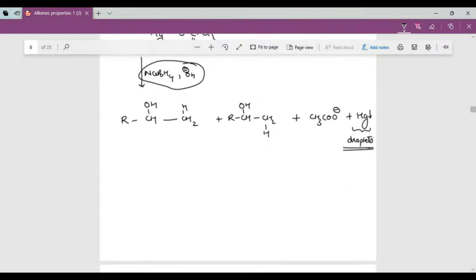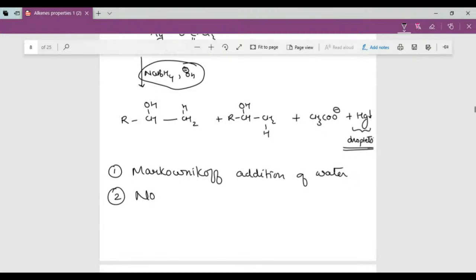Now let us conclude what we have just seen. It is Markovnikov addition of water. Point number 2, we have clearly indicated it is non-stereospecific.